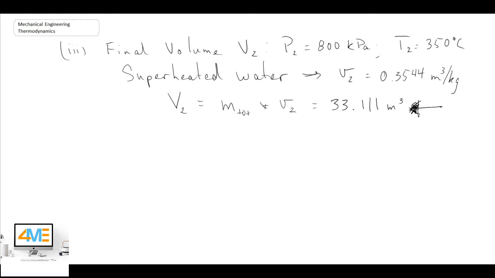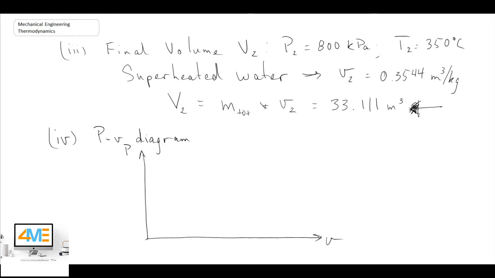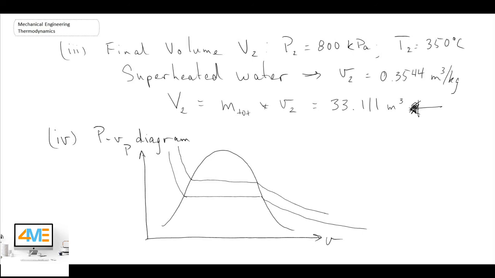So for that, we write out our pressure, specific volume, and this is what the lines would look like at constant temperature on a PV diagram.